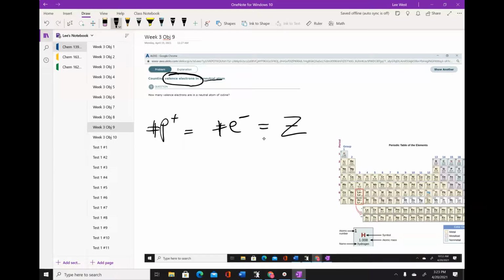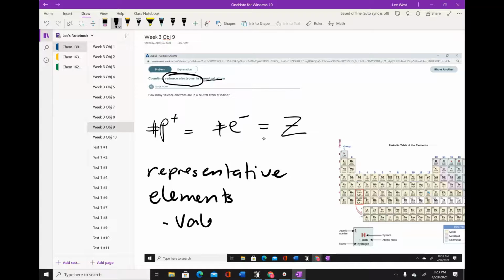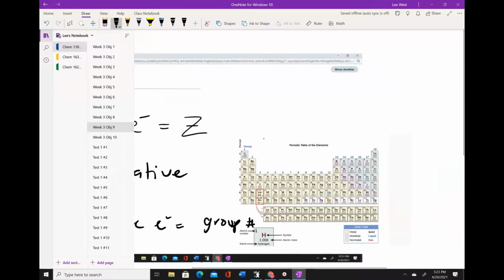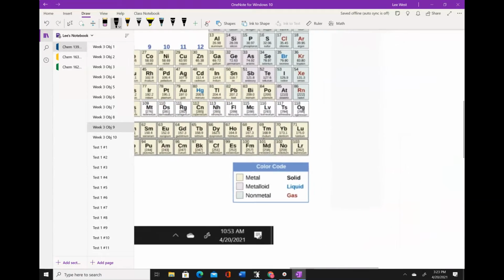And the important thing to recognize here is that for representative elements, also called main group elements, the valence electrons equals the group number, but only when we write the group number using the traditional North American numbering system.